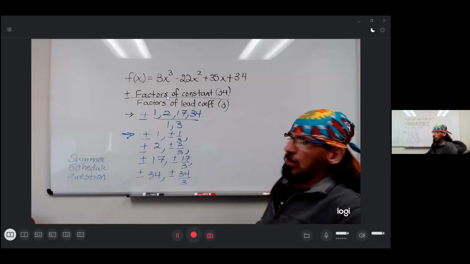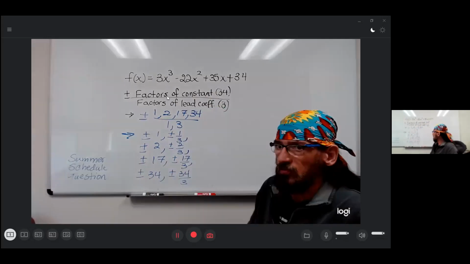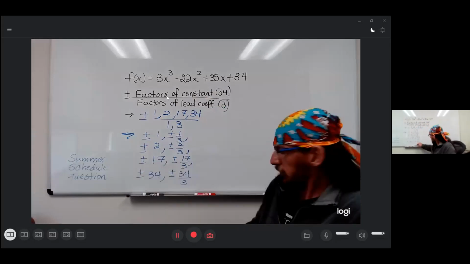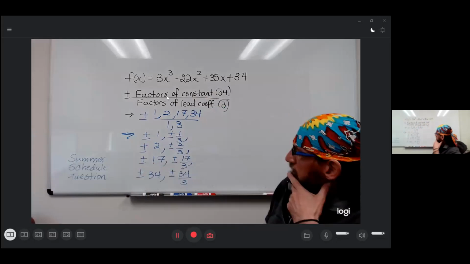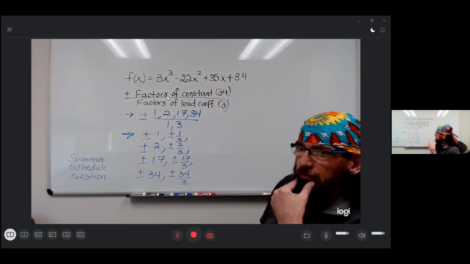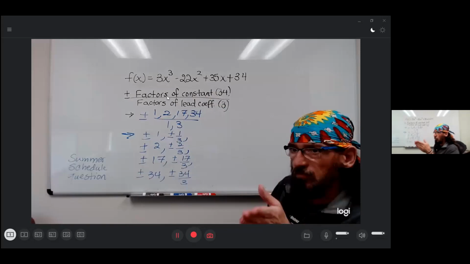None of the stuff over 3 reduces, though, and so no repetition of something we already wrote over here. Now let's see what else here. Largest absolute value there is plus or minus 34.